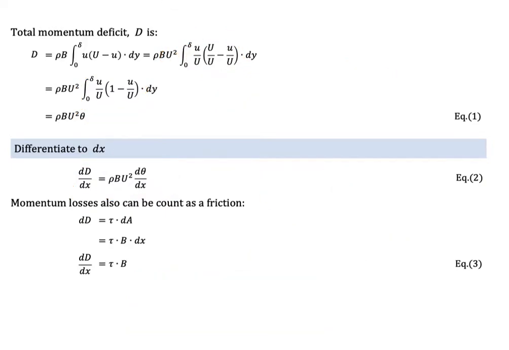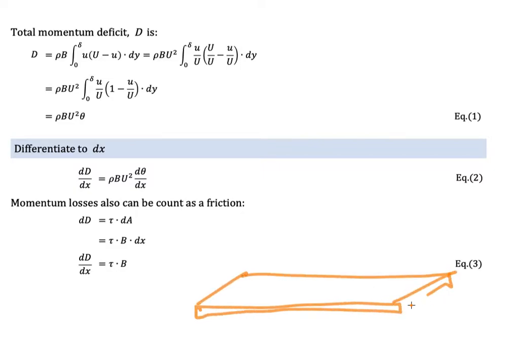If we have a plate here in 3D shape and we focus on the small area here, this is the dA. The length here is dx because it is very small in the x-axis, and the length here is b.